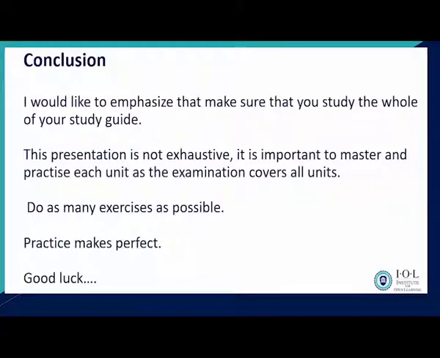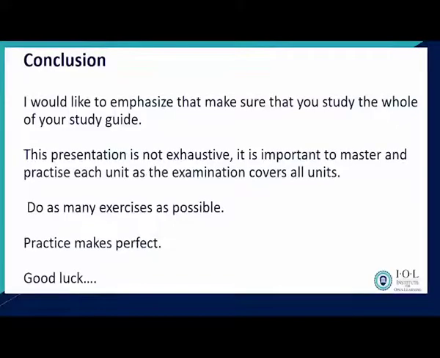I have mentioned it in the beginning, and I would really like to emphasize that you practice each unit, because the examination tries to cover all units. It has to take a component from each and every unit, though it doesn't cover every objective, but each and every unit has to be covered. So to be on the safe side, you really need to cover.